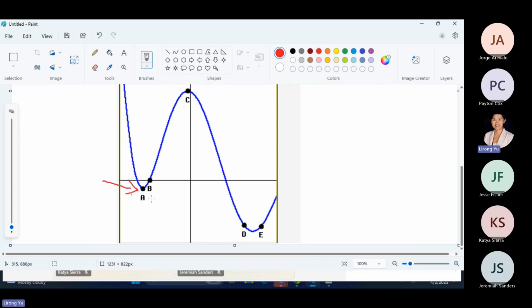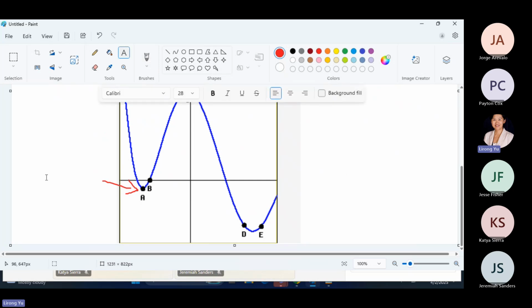For point A, it is at a minimum, decreasing then increasing. Remember, if it's decreasing, the first derivative would be negative. If it's increasing, the first derivative will be positive. But at the minimum, the first derivative should be 0, right? At the minimum it's not decreasing, not increasing. It's in between the decreasing and increasing. So at point A, we should have the first derivative equal to 0.